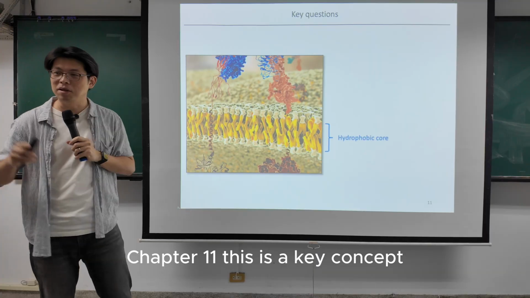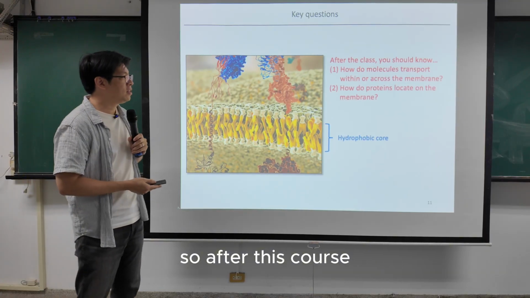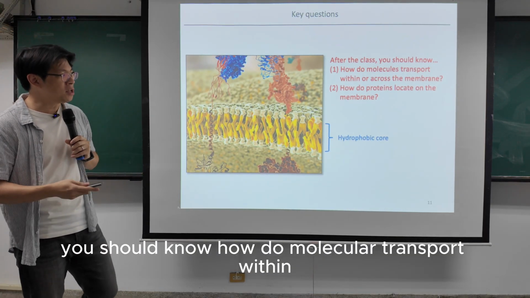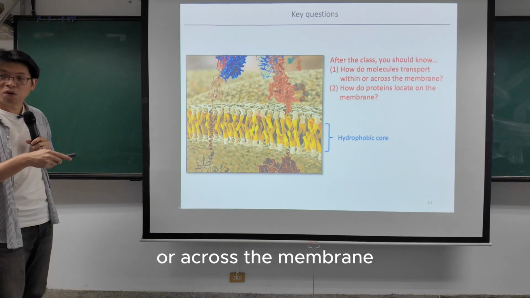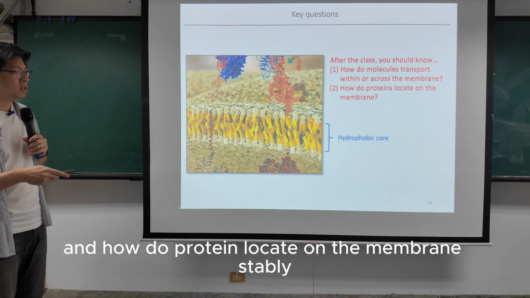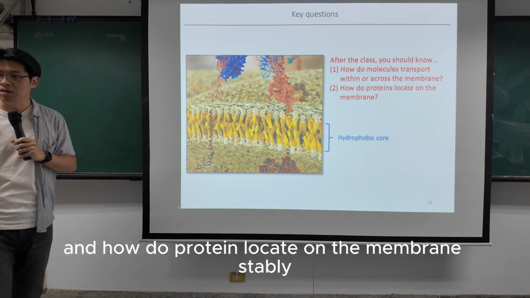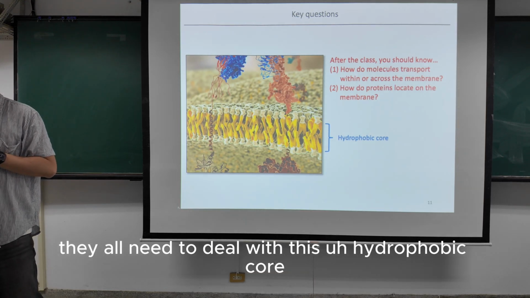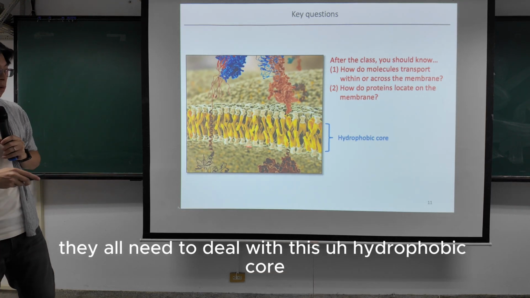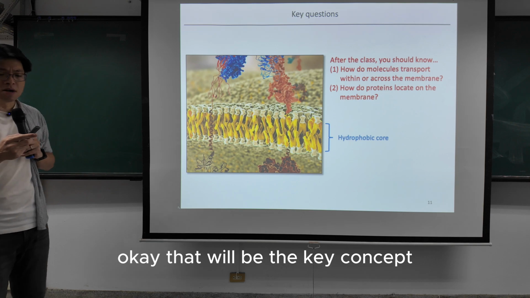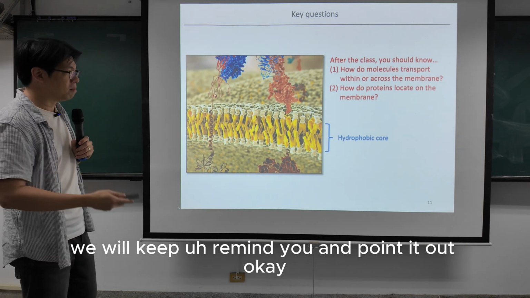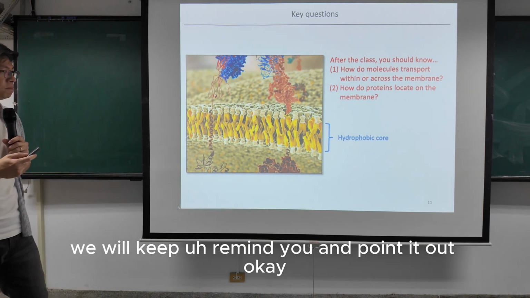This is a key concept. This is a hydrophobic core. So after this course, you should know how molecules are transported within or across the membrane, and how proteins locate on the membrane stably. They all need to deal with this hydrophobic core. Okay, that will be the key concept. We will keep reminding you and pointing it out.